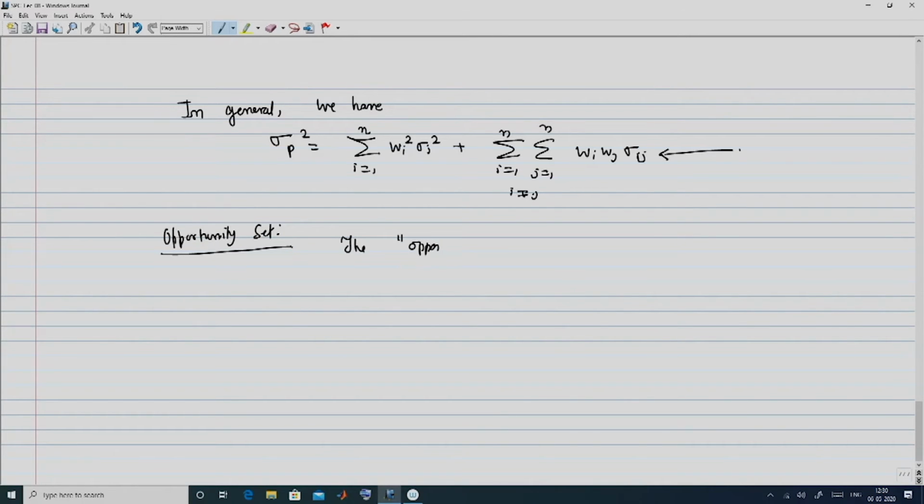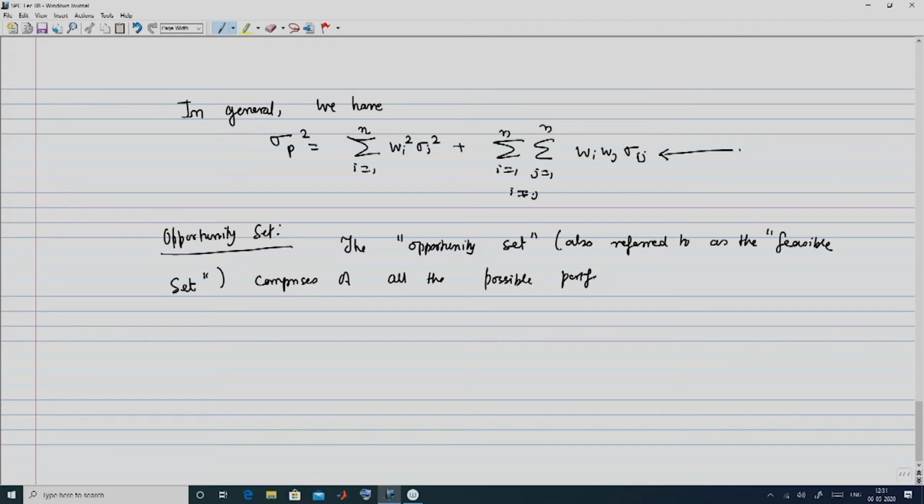The opportunity set, also referred to as the feasible set, comprises of all the possible portfolios that can be formed out of n securities.